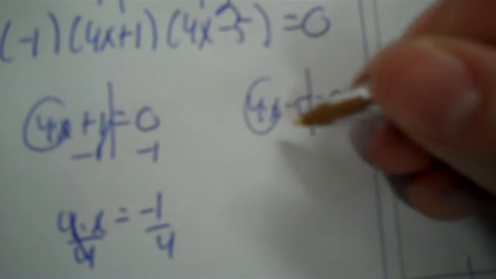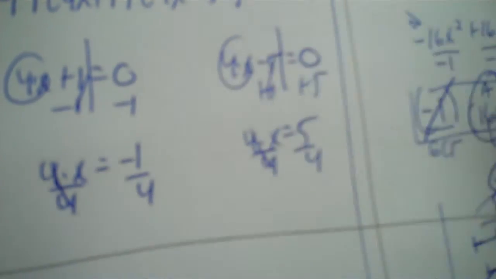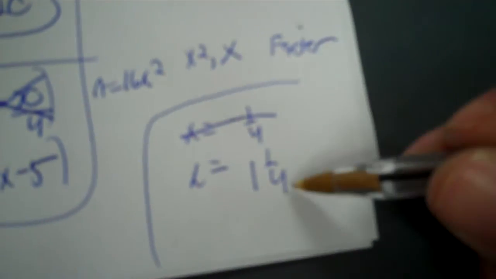Then over here, plus 5, divide by 4, it's either 1.25, or if you change it, it's 1 1/4. So the negative answer is garbage, okay? So 1 1/4 is how many seconds that took.